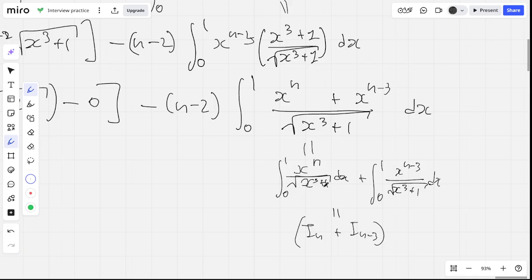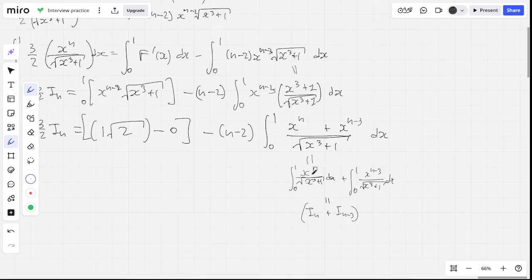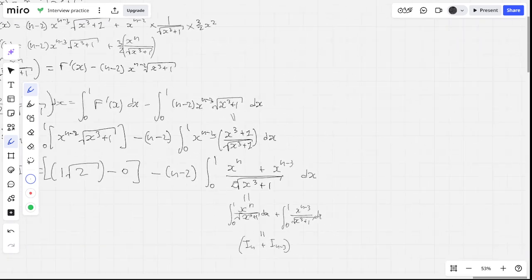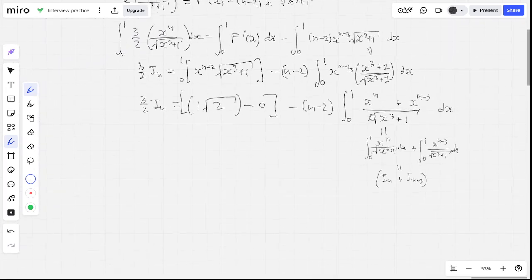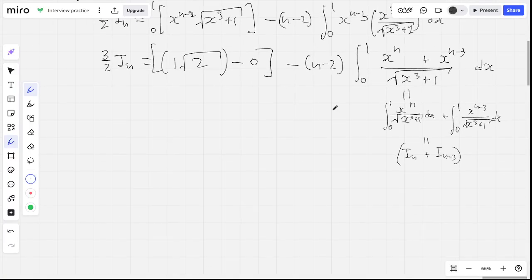So I can finally rewrite this whole thing as 3 over 2 I_n is equal to square root 2 minus (n minus 2) of I_n plus I_(n-3).